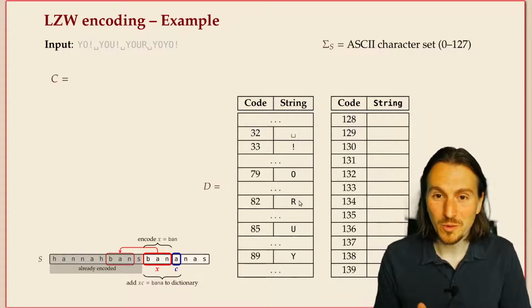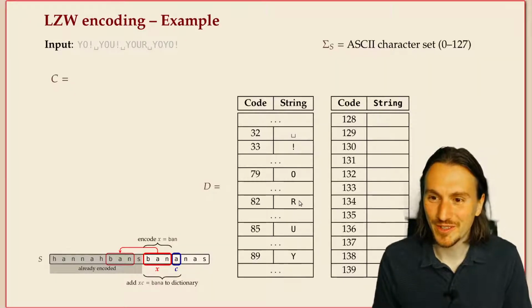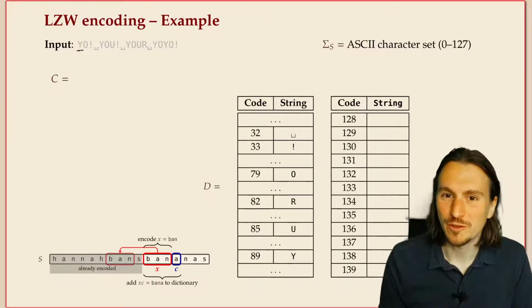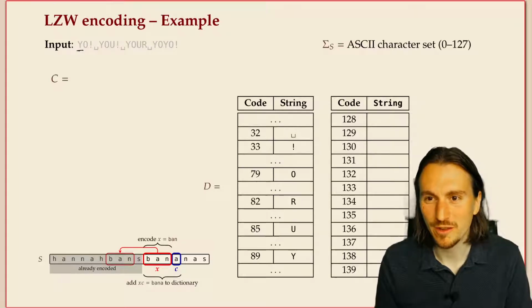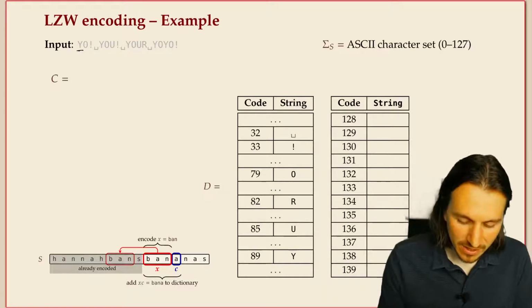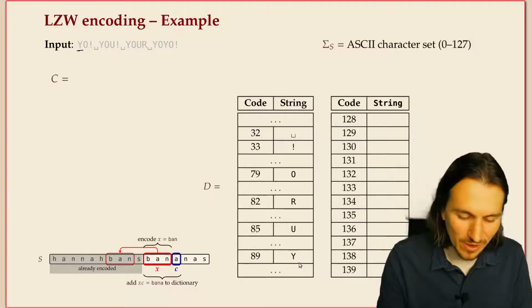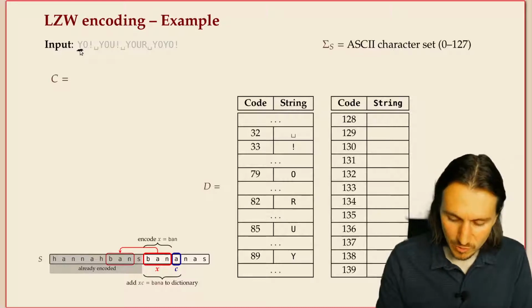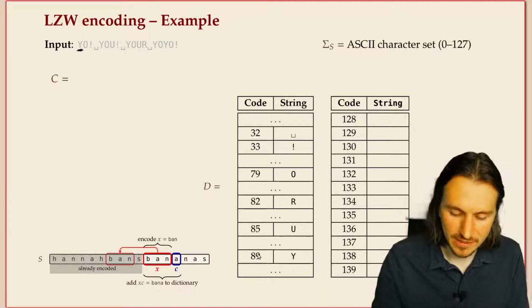Okay, so what do we do first? We try to find the longest phrase in our dictionary that starts at the beginning of our text, of the uncoded part. At the moment, we haven't coded anything, so we're at the beginning. We only have single characters in our dictionary at the moment, so the longest thing we can find possibly is just the Y. And so we look up in the dictionary that this is 89.